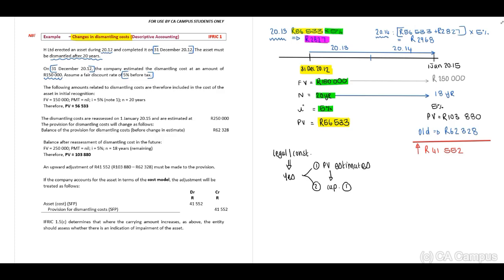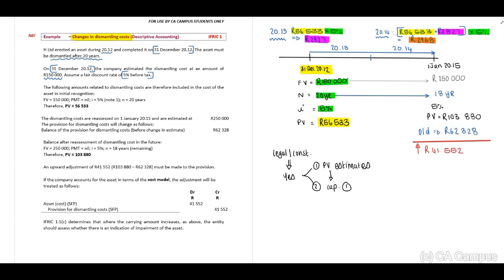Now, at the end of 20.14, we have initial amount of 56533 plus our journal entry of 20.13 times 5%, and this will be an amount of 2869. We will have to debit our finance cost and credit our provision.